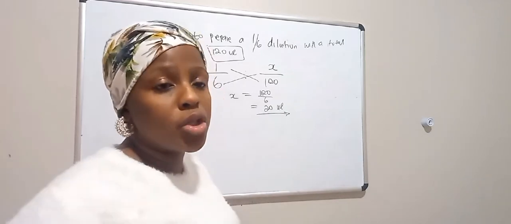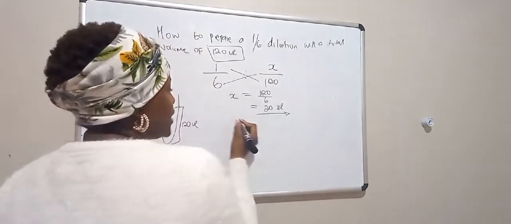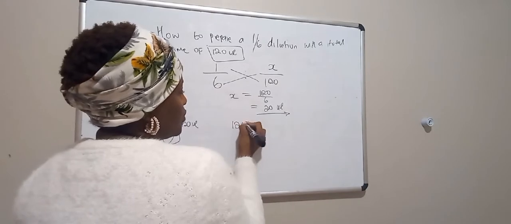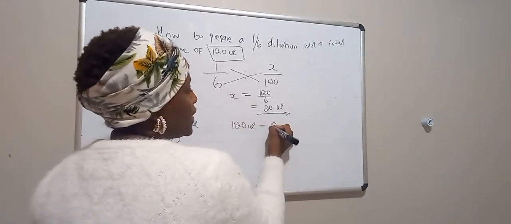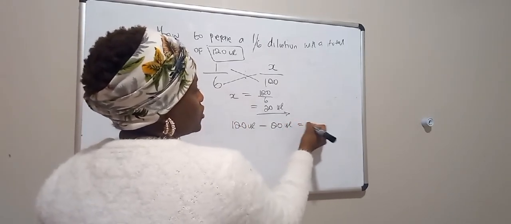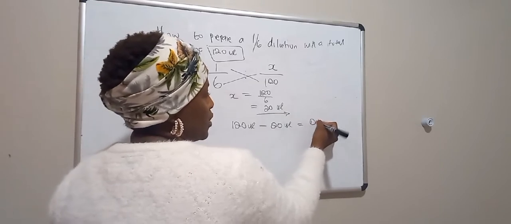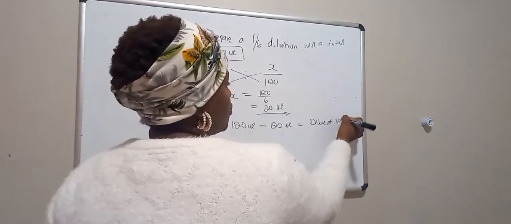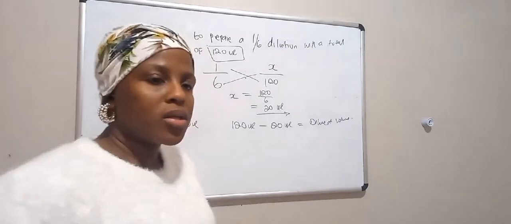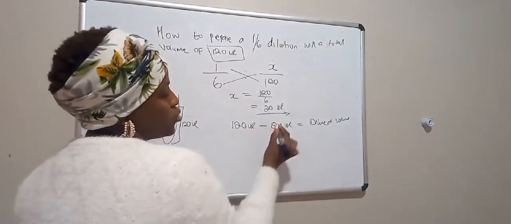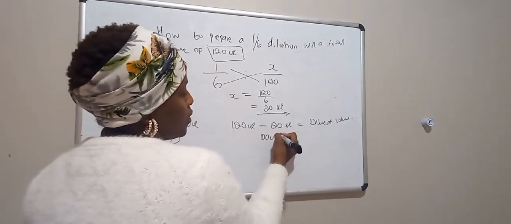We take the total volume minus the solute, which gives us our diluent volume. So 120 minus 20 gives 100 microliters.